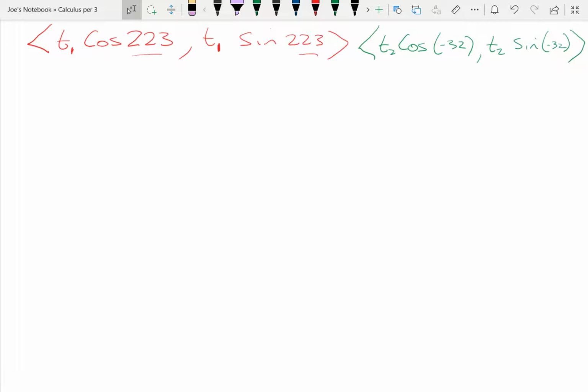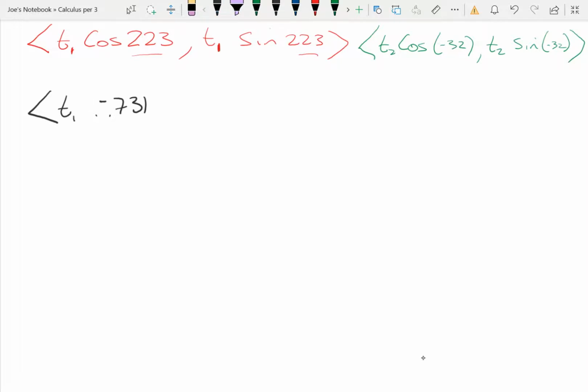All right, so I need you to understand that what we're doing is, I'm not going to make you do this, but I do want you to understand that cosine of 223, make sure you're in degree mode, is actually negative 0.731.